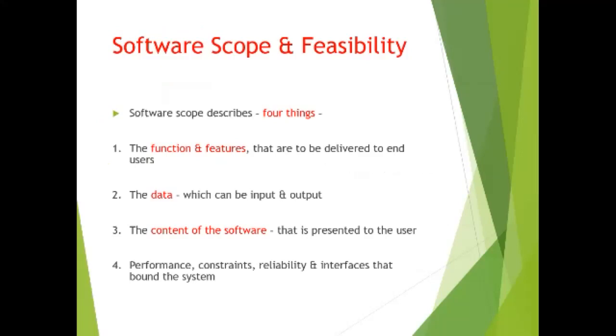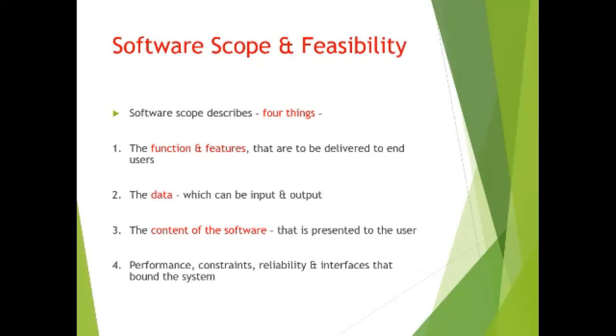Software scope and feasibility. Software scope describes four things. First, the functions and features that are to be delivered to the end user. Second, the data which can be input and output. Third, the content of the software that is presented to the user.